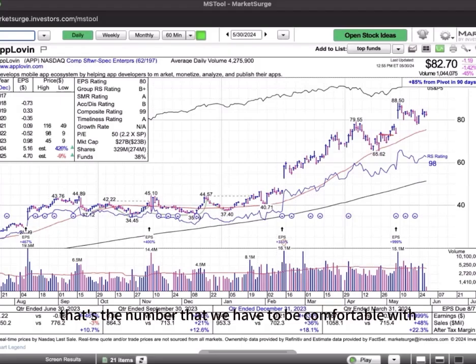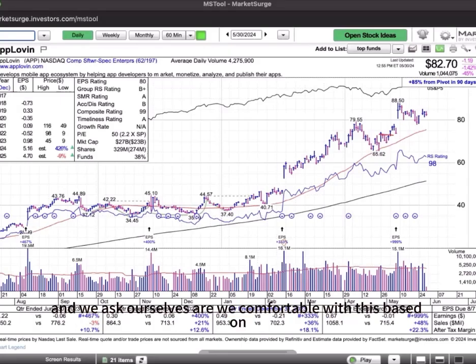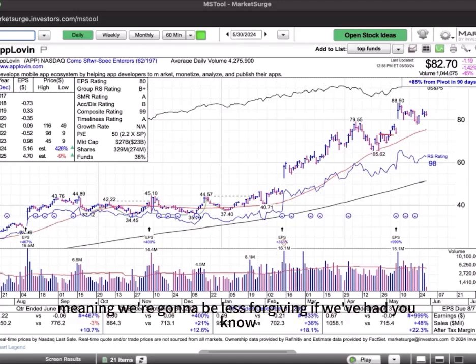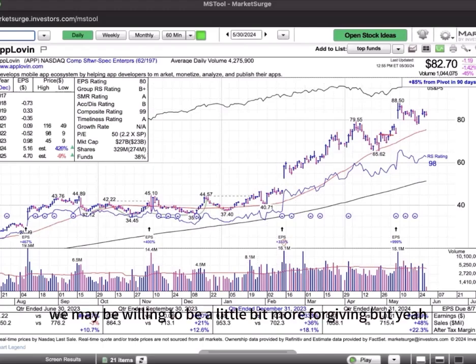That's the number we have to be comfortable with. We ask ourselves, are we comfortable with this based on where we are and how things are going? If we're in a tougher period, that number gets smaller, meaning we're going to be less forgiving. If we've had a good run, we may be willing to be a little bit more forgiving, but that's the determination you have to make.